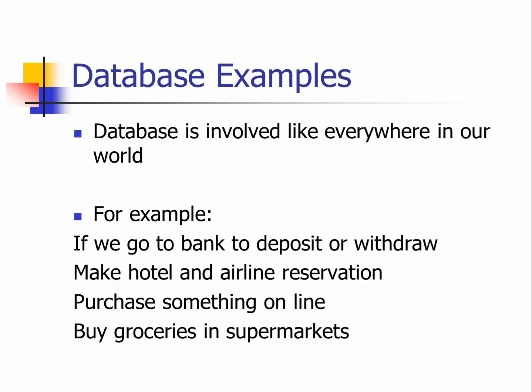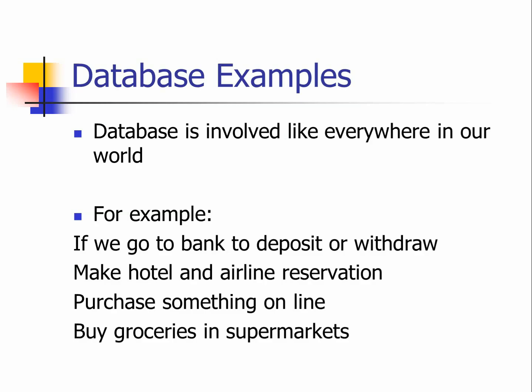I believe everybody has used something like Expedia or American Airlines kind of website. Think about this, how amazing that is, using Expedia as an example. You look for a hotel in Chicago. Thousands of hotels come out at the same time, tell you what's their price, what kind of amenities they have.